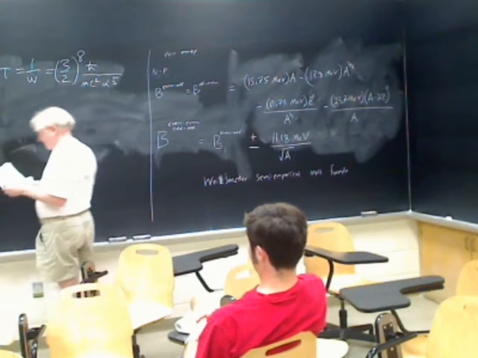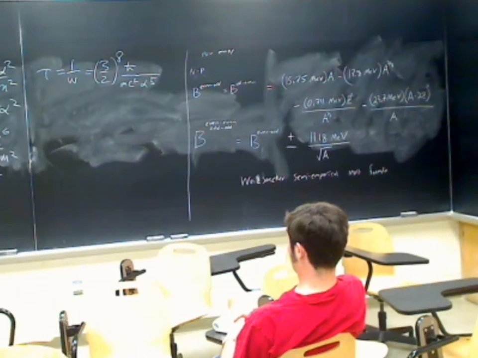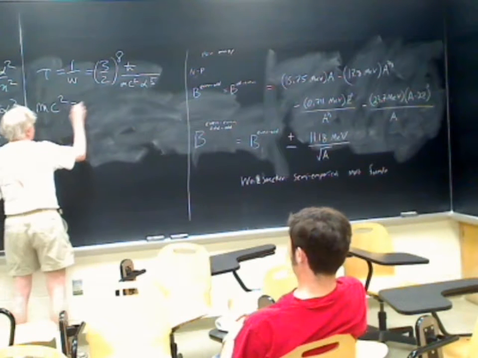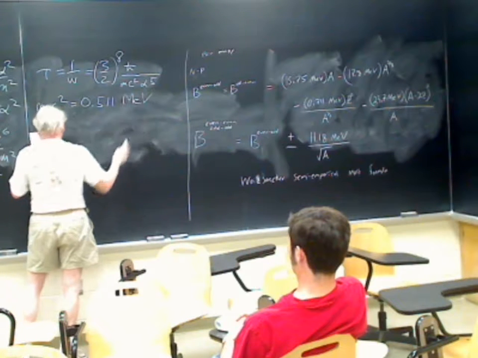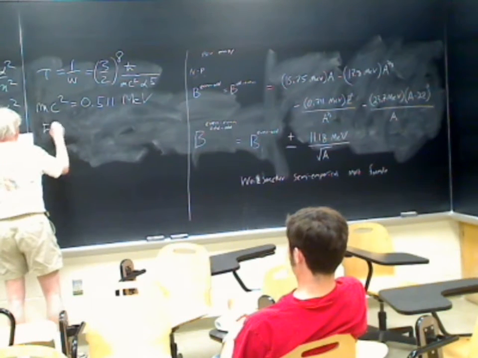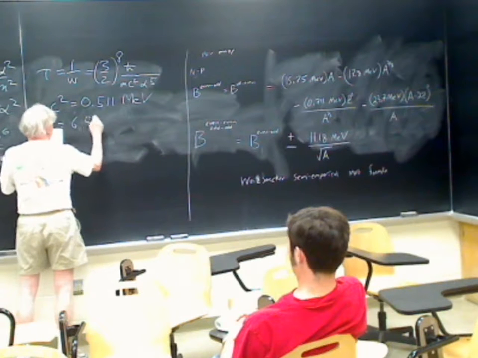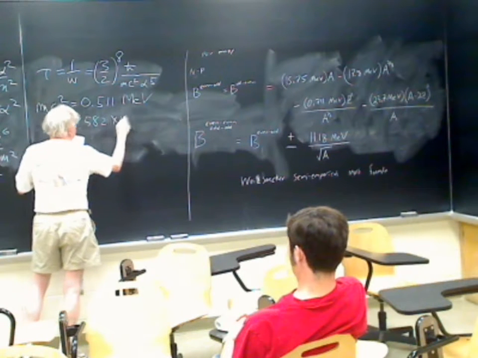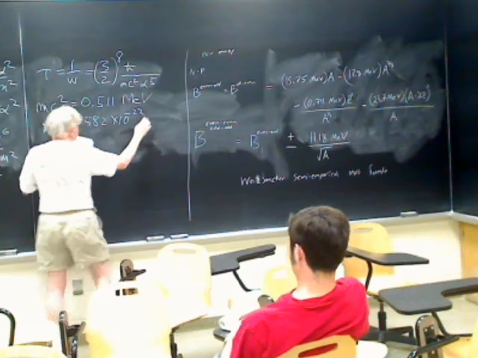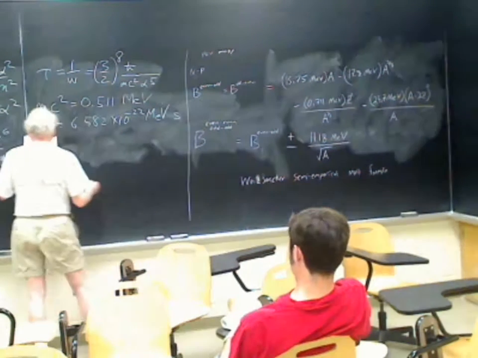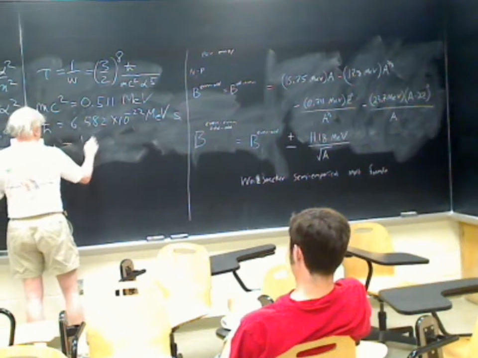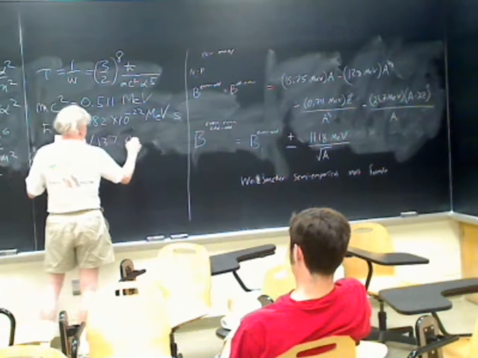And if you put in the numbers, roughly speaking, mc squared is 0.511 MeV, so it's roughly half an MeV. H bar is 6.582 times 10 to the minus 22 MeV seconds, and alpha is 1 over 137.036.